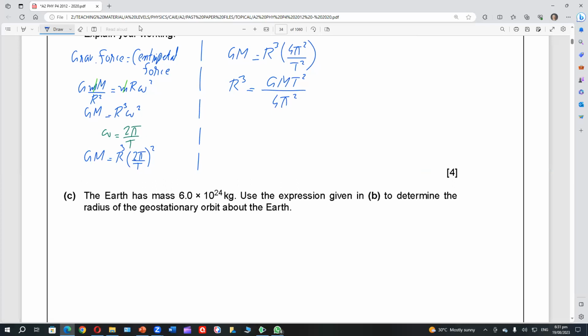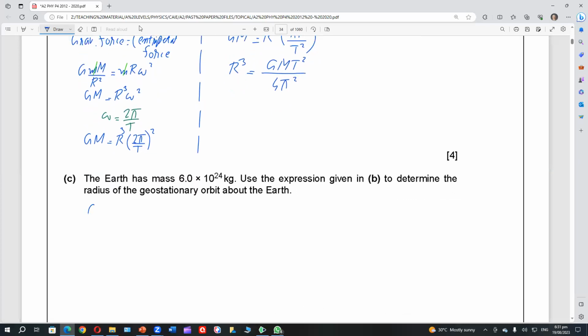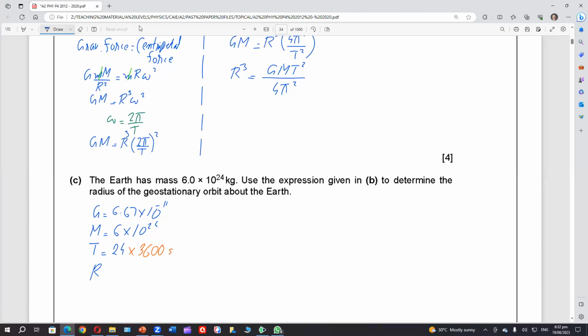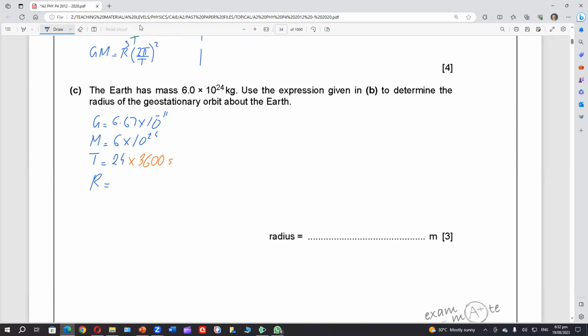So he has given the mass. So this is the data. Work out the data.